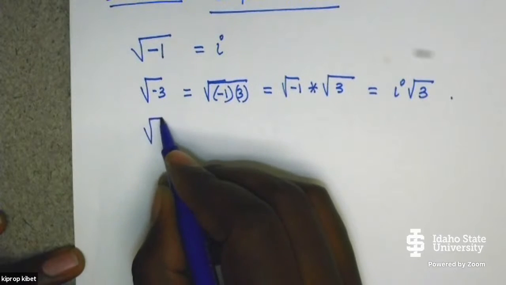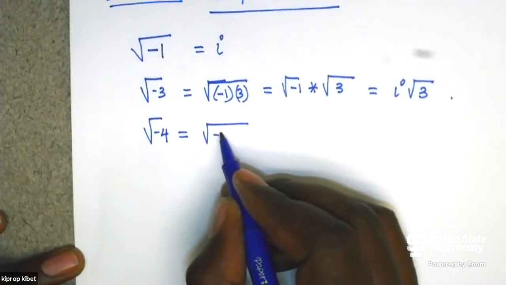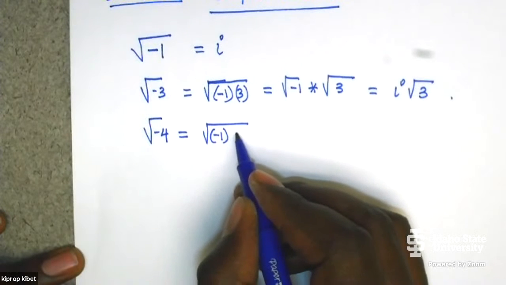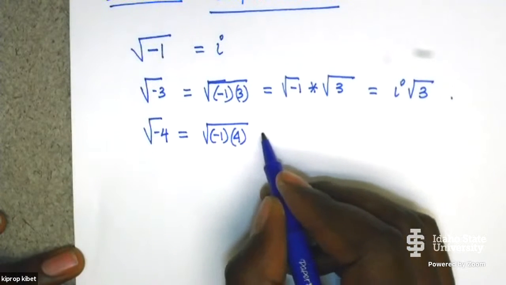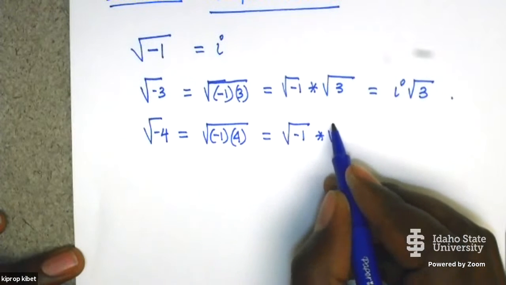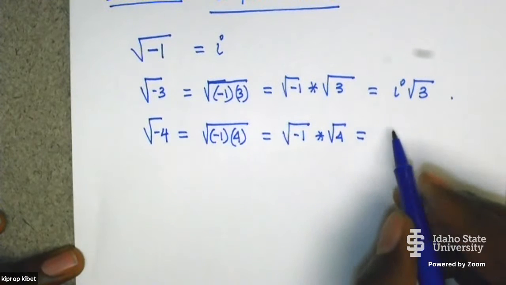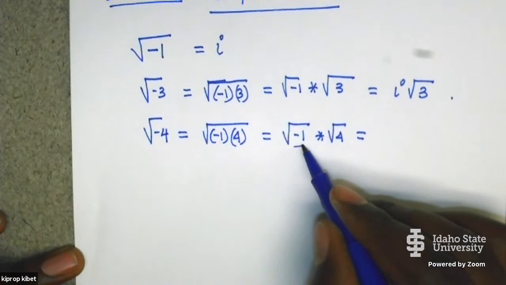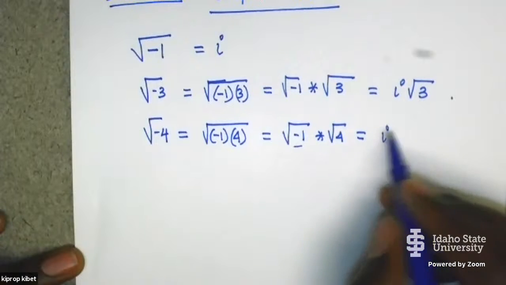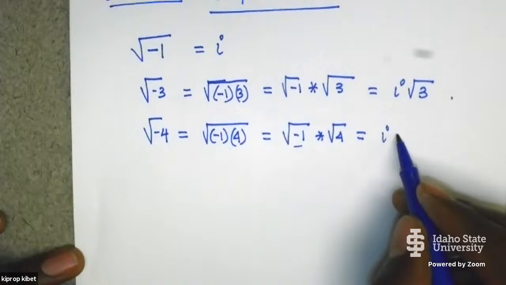The square root of negative 4 is equal to the square root of negative 1 multiplied by 4, which is similar to the square root of negative 1 multiplied by the square root of 4. The square root of negative 1 is i, and the square root of 4 is 2.